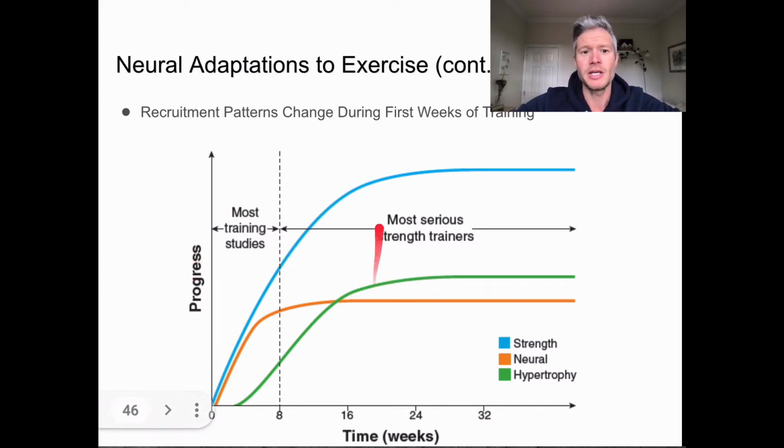From this point on, it shows there's not much progress, but as time goes on, depending on what your training program is, this can continue on upward from there. Okay.